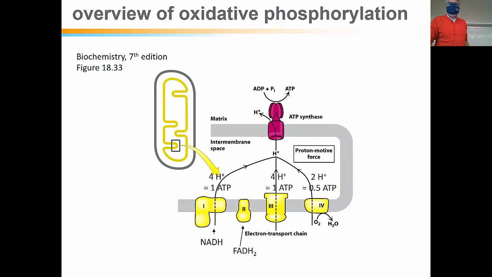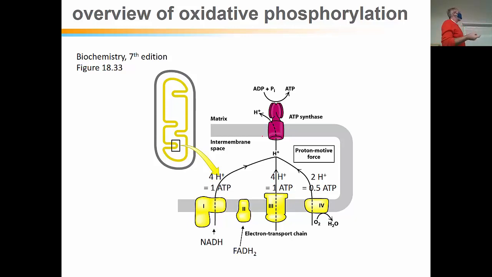So why do we care so much about that? Well, that tells us how much ATP we're getting from NADH and FADH2. So remember that for glucose, by the time it got to the end of the TCA cycle and had been fully oxidized, we'd only produced 4 ATP by the end of the TCA cycle, not of stellar yield. However, if we look here, each NADH moves 4, 4, 2, 10 protons, and that translates to 2.5 ATP.